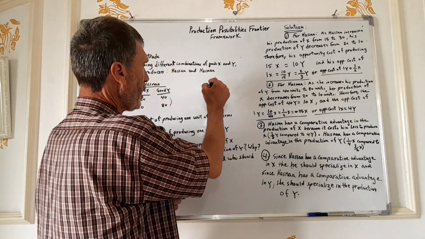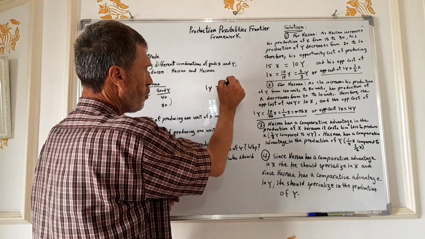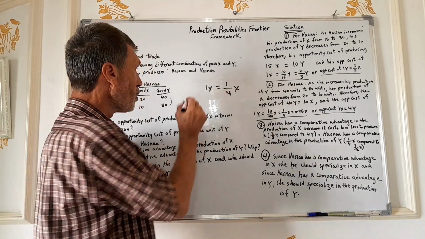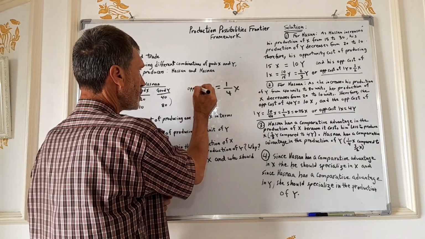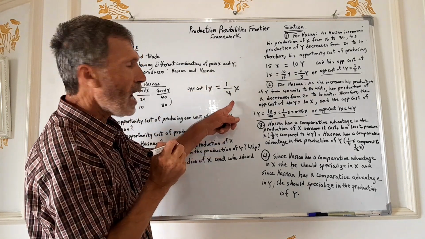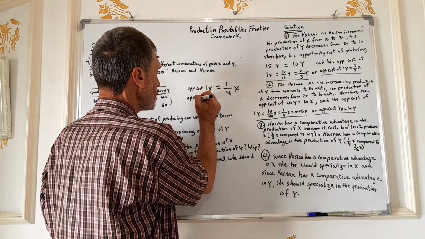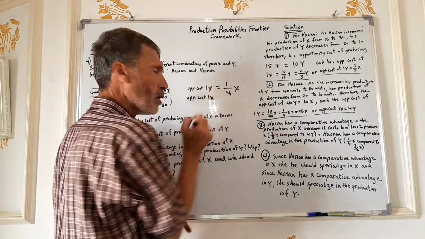If the opportunity cost of 1Y is equal to 1/4 X, and I want to calculate the opportunity cost of 1X, what do we do?